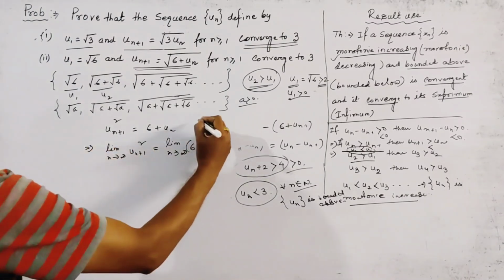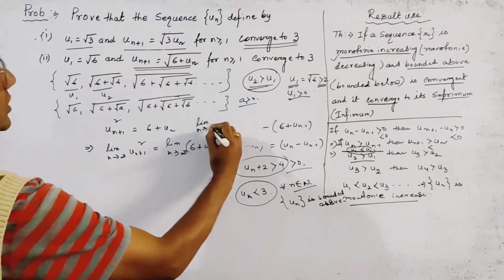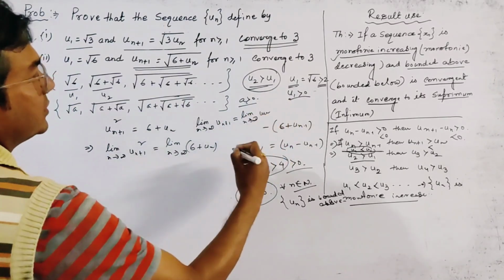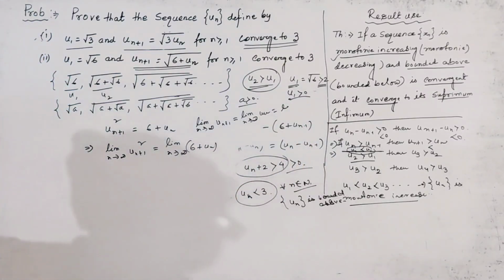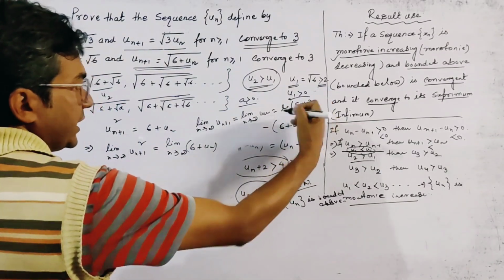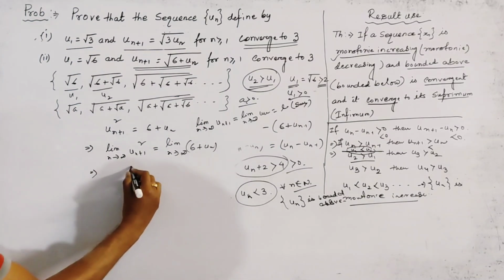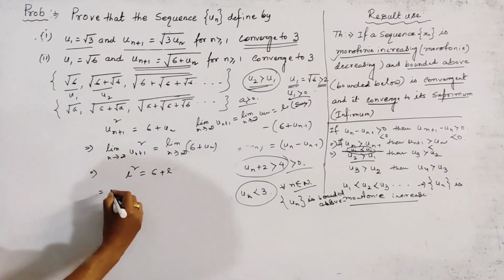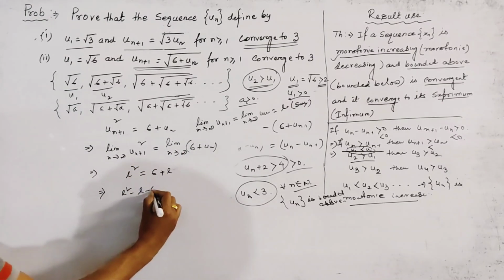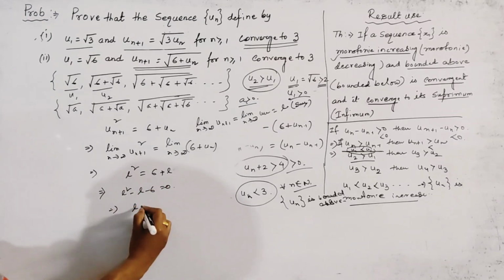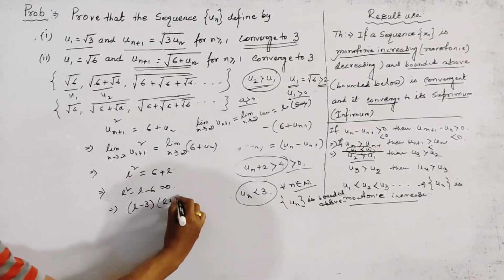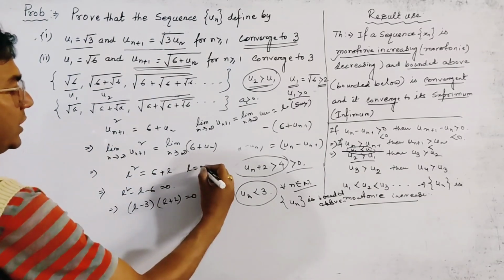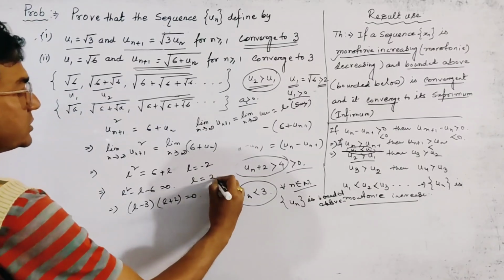Since it is convergent, the limit of un plus 1 is the limit of un, which we call L. So we get L square equals 6 plus L, that is L square minus L minus 6 equals 0. So L minus 3 into L plus 2 equals 0, and we get two values of the limit: minus 2 and 3.